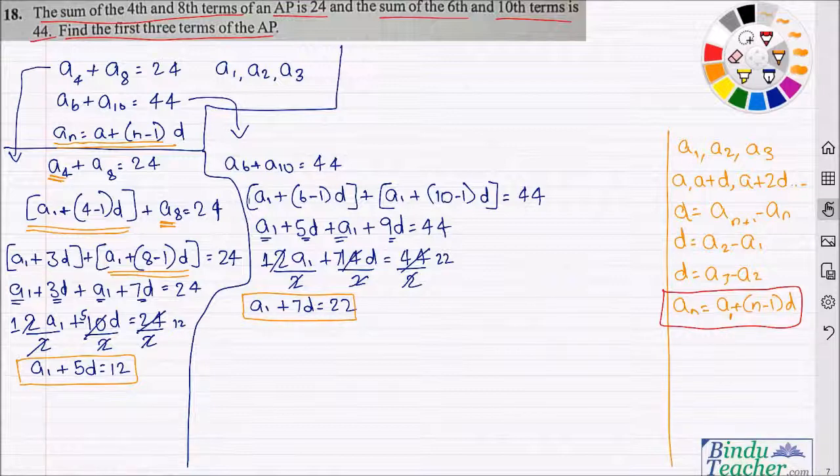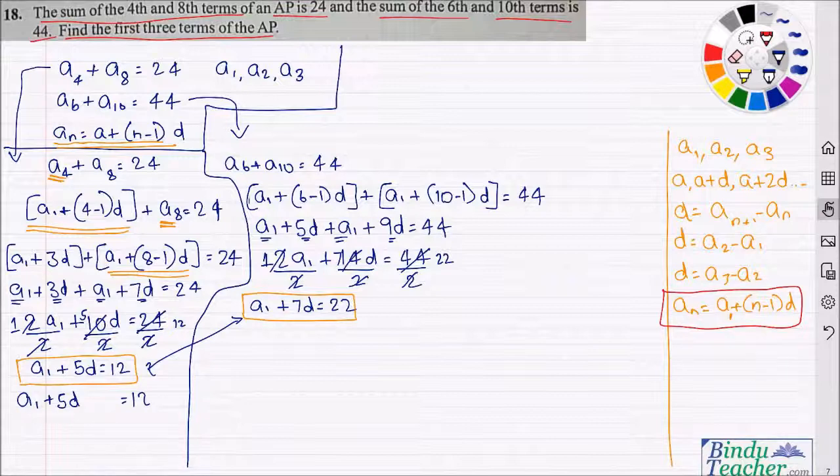Now how do we proceed further? So we got two new equations, right? If you see here, these two equations have some kind of a relationship, right? So if you look at A1, this formula can also be written as A1 plus 5D equals 12.